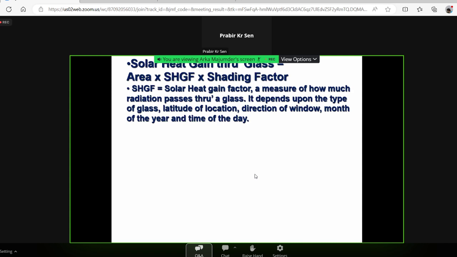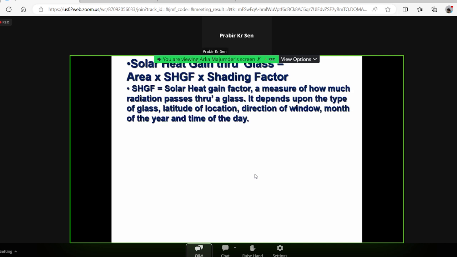In our air conditioning calculation for Calcutta, we consider normal glass, latitude is 22 degrees. So we consider 22 degree latitude for Calcutta. And direction of window, for each window we calculate. North, south, east, west, every direction we take window, and for that we have different solar heat gain factor.